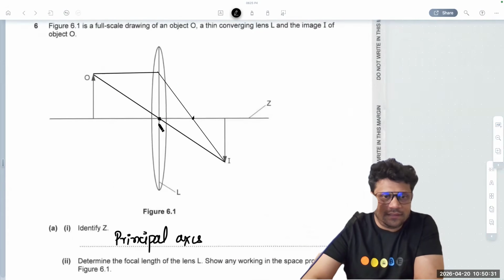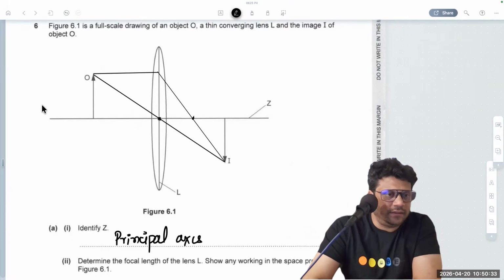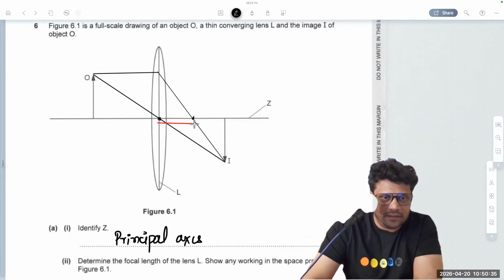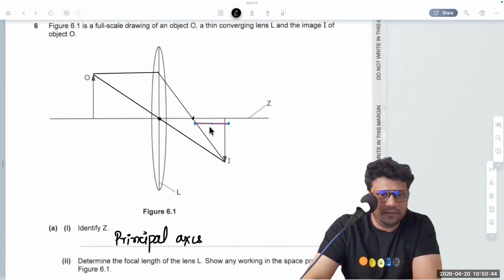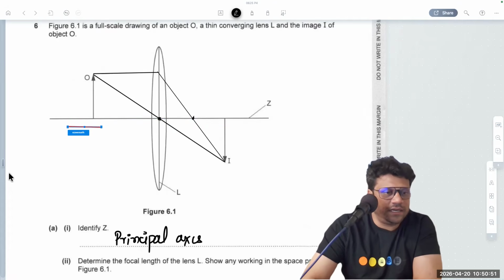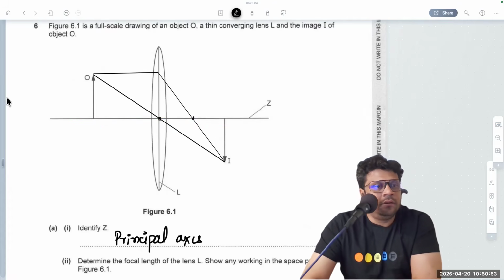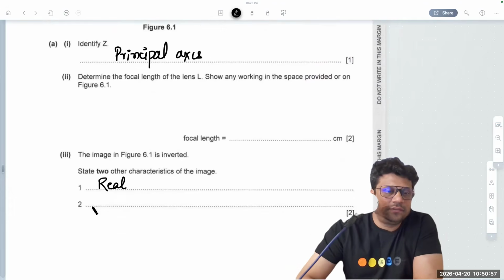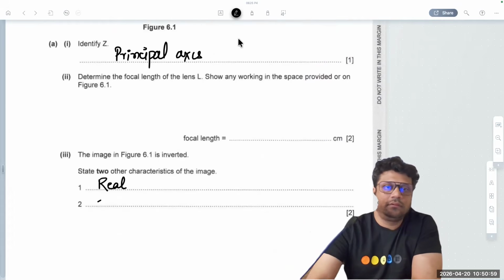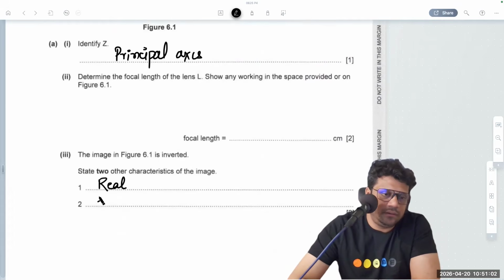Let's calculate this length. This is the focal length for us. Let's see if the image is at 2 times the focal length. It looks like it is. Oh yeah, so the object is at 2f. Okay, so it's going to be the same size as the object.